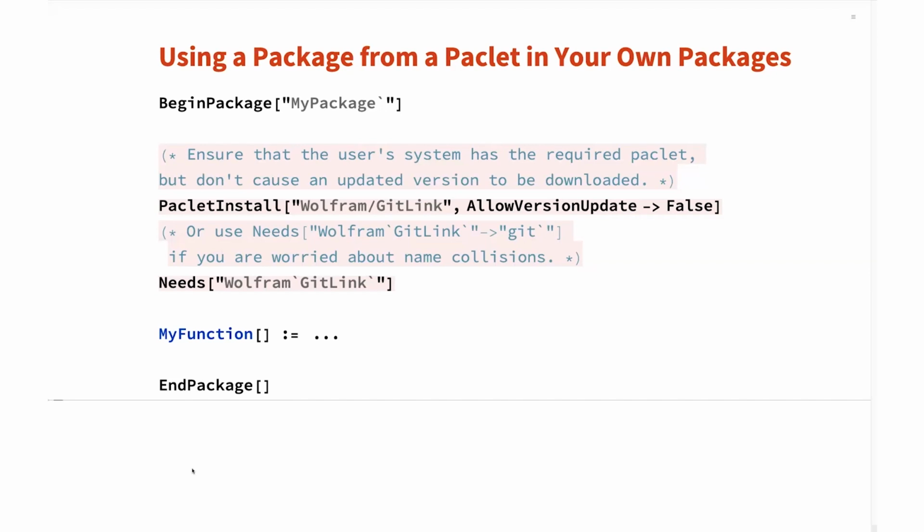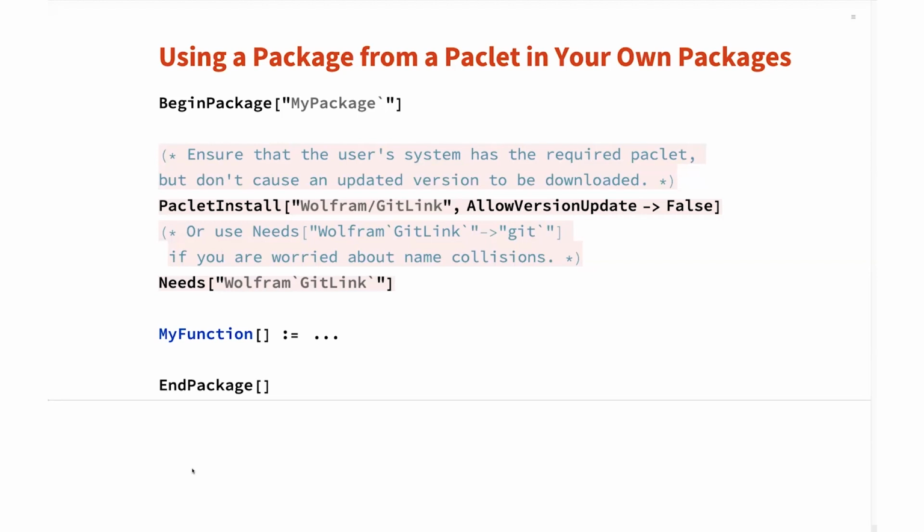But if I just call PacletInstall on WolframGitLink, what PacletInstall does is it will install it if it's not present, but if it is present, it will also install an update if an update is available. And it's really probably bad form to have a side effect like that on your user systems. I don't want to give someone code that's going to cause them to get a newer version of a Paclet that they've already got.